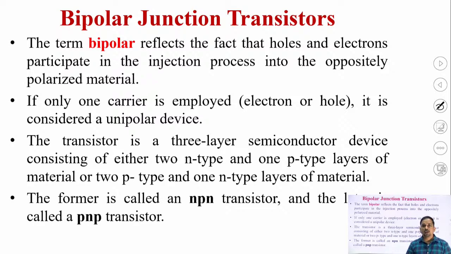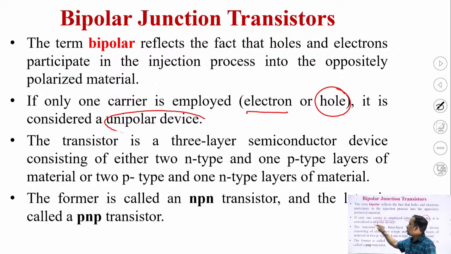If in a device the current is due to only either electrons or holes, that type of device is known as a unipolar device, like FETs, which are called field effect transistors. So we can say BJTs are bipolar devices, whereas FETs are unipolar devices. In a BJT the current is due to both majority and minority charge carriers.